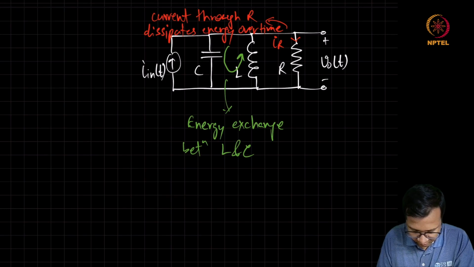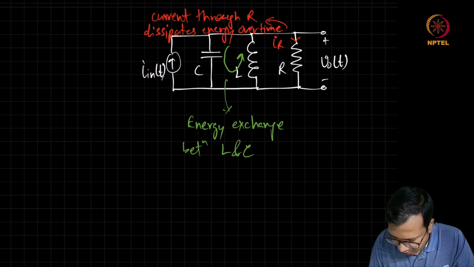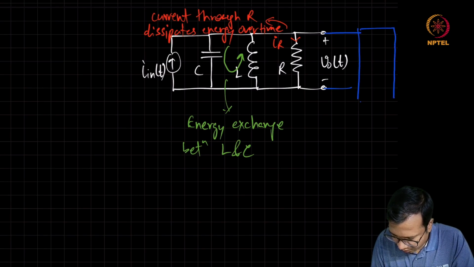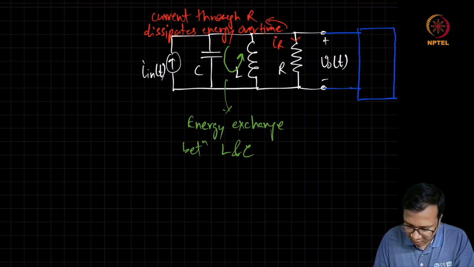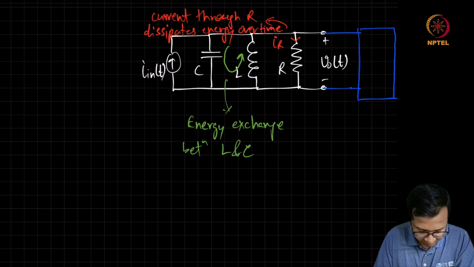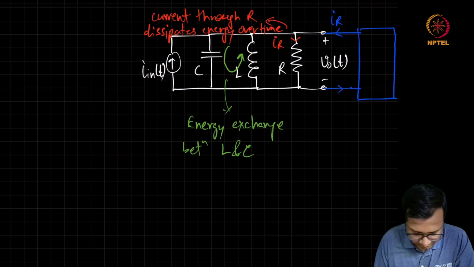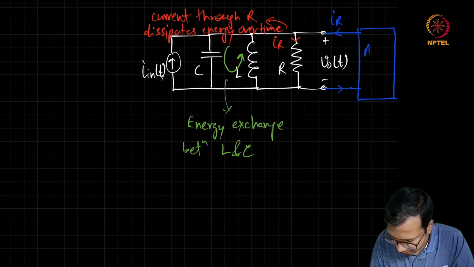So we need to find a way to sense this voltage V0, and based on this voltage we will supply this IR externally. And to do that we need some active circuit.